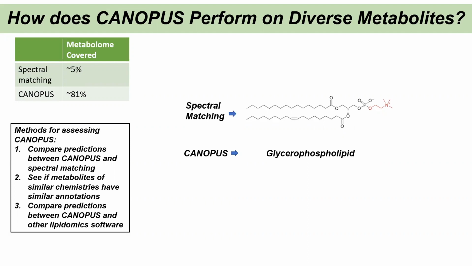If so, then we're saying CANOPUS is correct, and if not, then it's not correct. For about 70% of the molecules that were identified through spectral matching, CANOPUS got them correct. And for an extra 10%, it was close. It got to the structural neighborhood, but didn't give the exact correct classification.